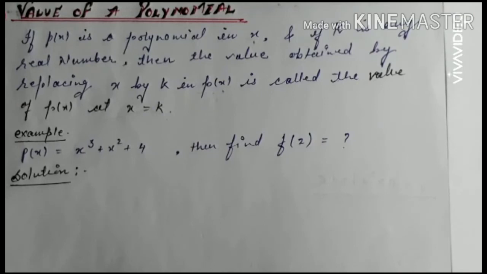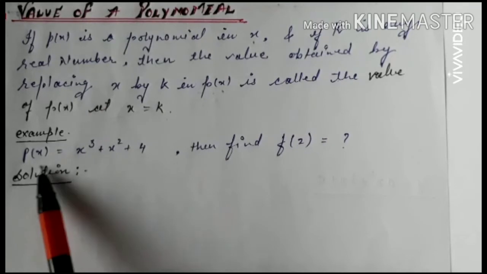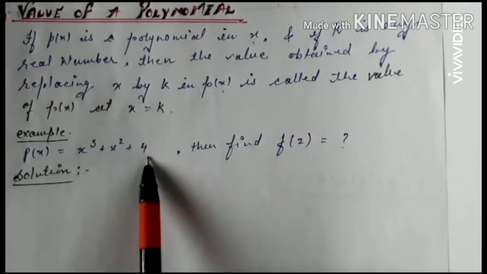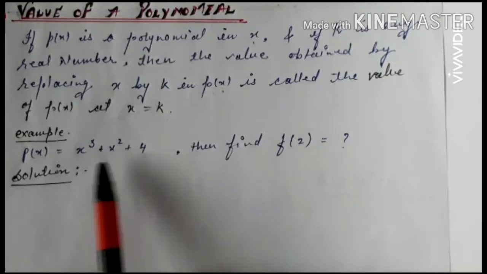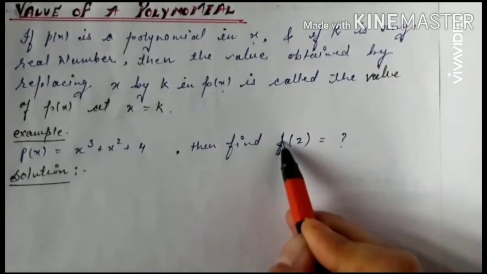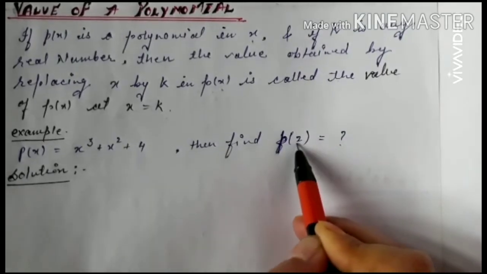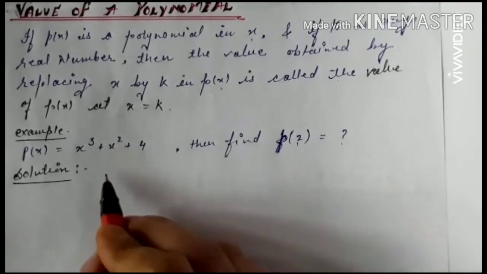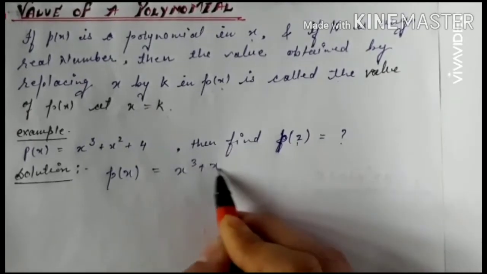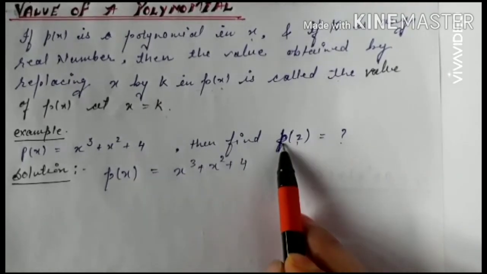What is the value of a polynomial? You are given the polynomial p(x) equal to x cube plus x square plus 4, in the variable x. You have to find p(2), that is, the value of the polynomial at 2.